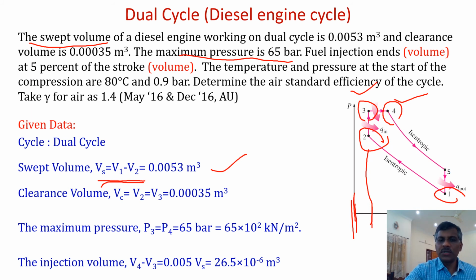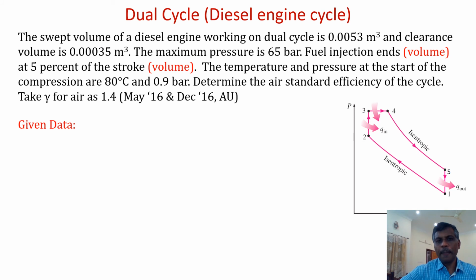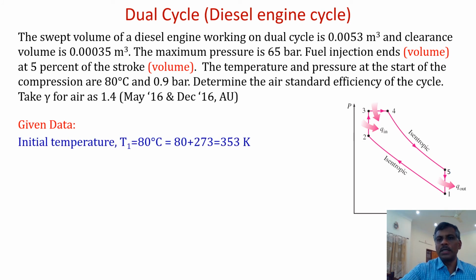I think this is wrong, just correct it please. That is 0.05 VS. So that is the injection volume. Then they are given, at the start of compression, T1, and they have given P1. Those two values are given.